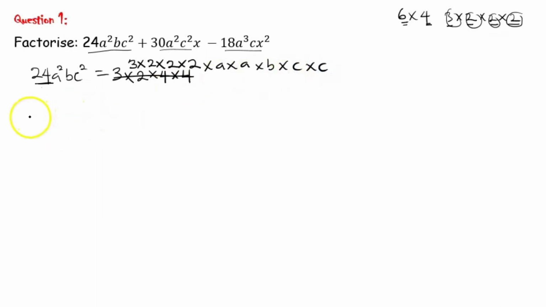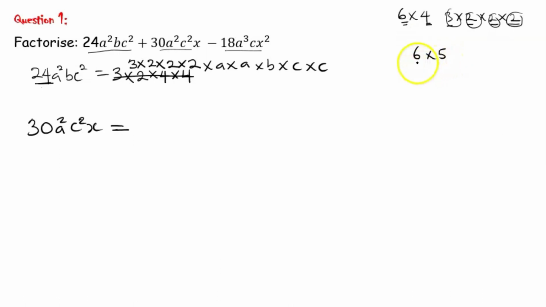Then let's take the second one, which is 30a squared c squared x. How do we do this? We simply look at how to simplify 30. 5 times 6 is 30, right?